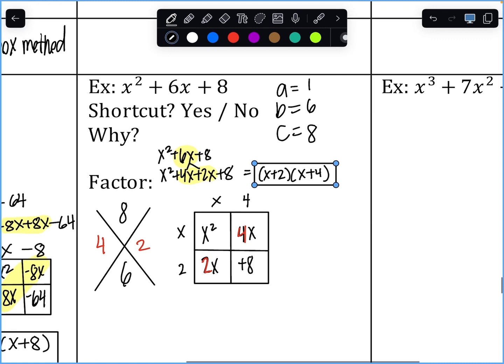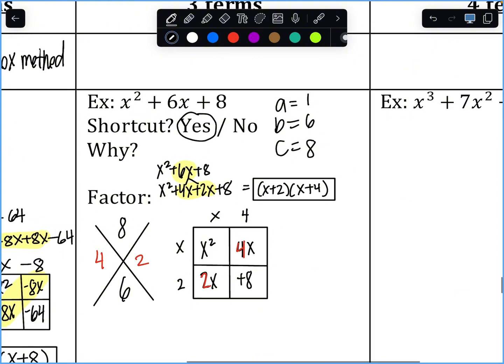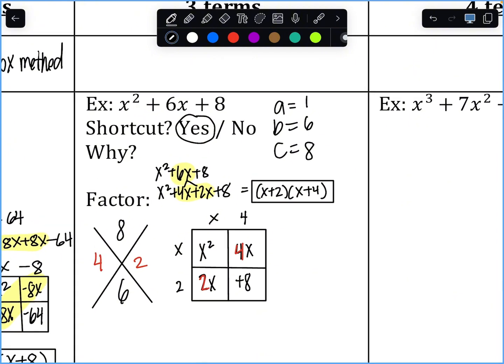So there is a shortcut, and why can we use the shortcut? Did we even ask ourselves what the GCF was? No, but Miss Sanchez already knew the GCF was 1. And how did I know that really quickly? Because A is 1. Good job.